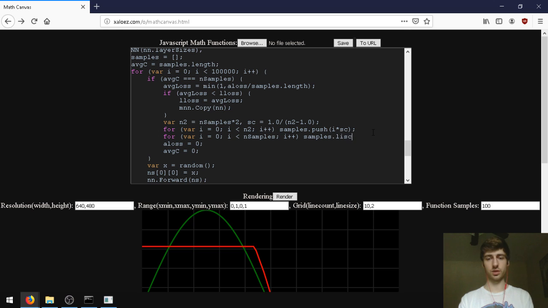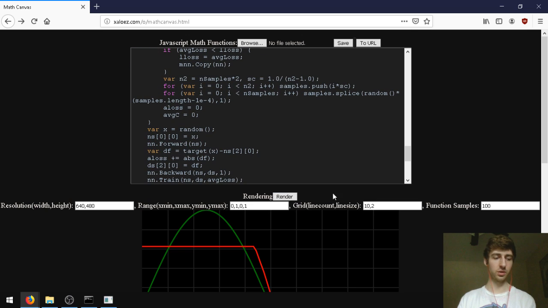So I'm just going to do samples.splice random samples.length. All right, so that just removes a random half of the samples.